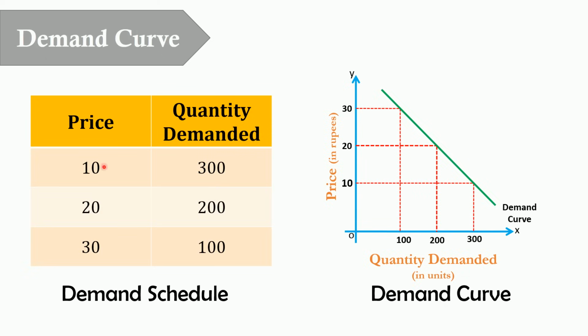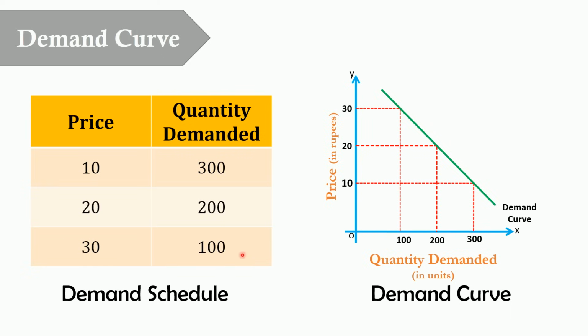Suppose when the price of a commodity is 10 rupees, the quantity demanded is 300 units. You can see in the figure. When the price of a commodity is 20 rupees, the quantity demanded is 200 units. And when the price of a commodity is 30 rupees, the quantity demanded is 100 units.